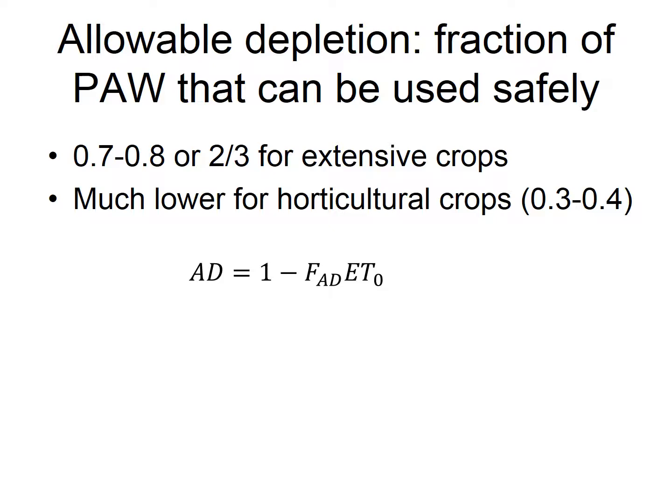For horticultural crops, or when expansion is critical, we should use much lower values. And we can use this equation here that calculates the allowable depletion as a function of ETO. This equation implies that the allowable depletion decreases as the reference evapotranspiration increases, depending on a factor that captures the sensitivity of the crop to water stress.